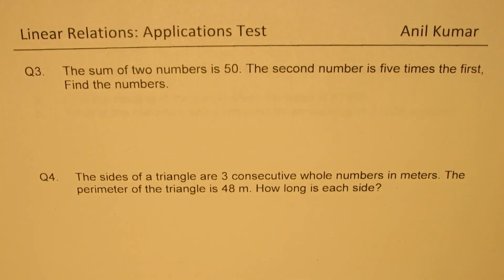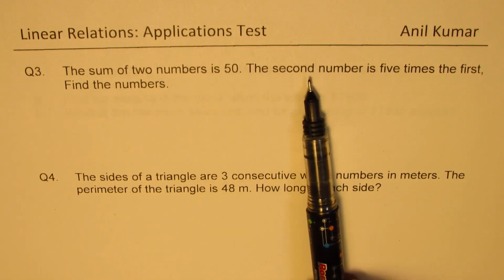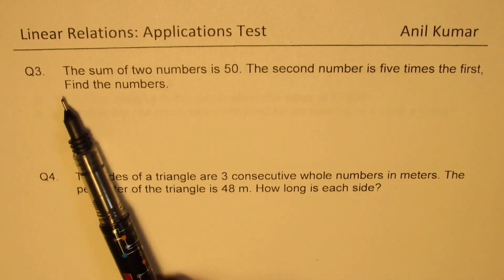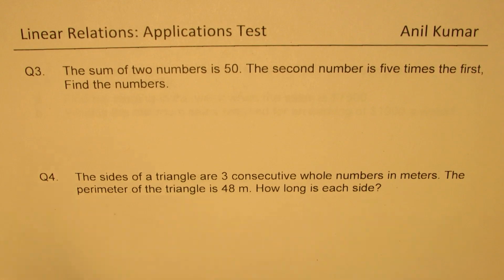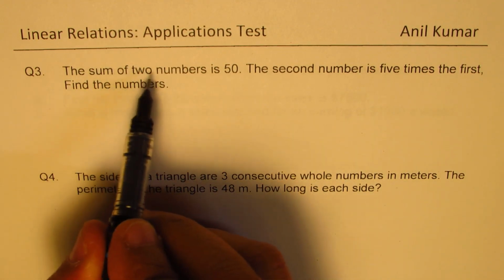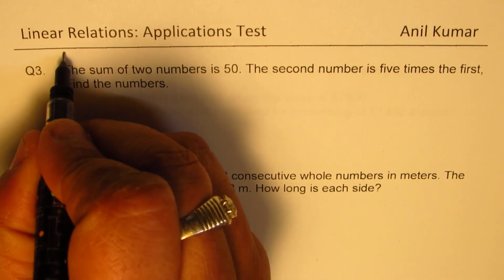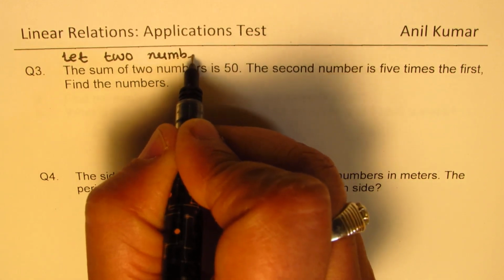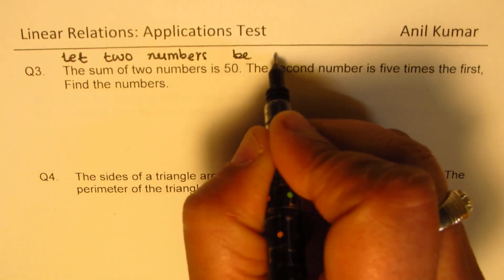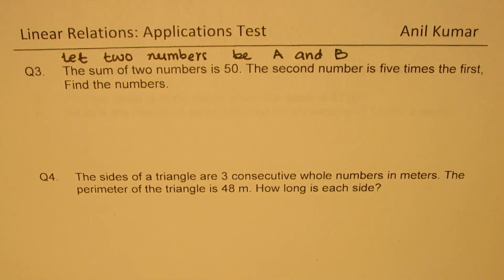Now here is question number 3, which says, the sum of two numbers is 50. The second number is 5 times the first number. Find the numbers. In such cases, you could write as we go along. It says sum of two numbers. Now there are two numbers, so let the two numbers be A and B. You could use capital letters or lowercase for defining your variables.